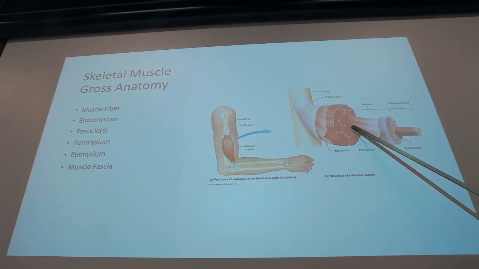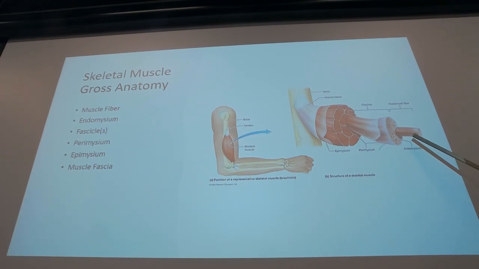If you extend one of these fascicles, the fascicles will be protected by this perimysium, and then inside these fascicles you have multiple fibers, of which here we have telescoped out one. So this is a muscular fiber that is protected by an endomysium.